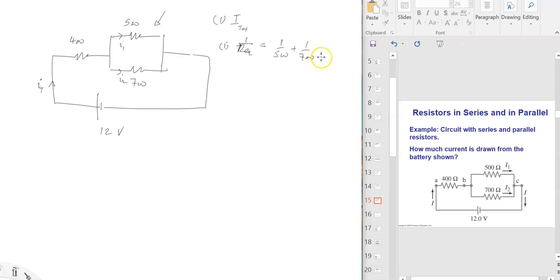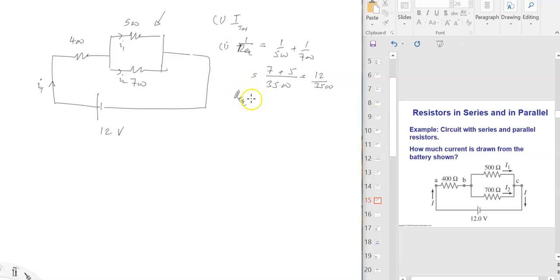So what's the common denominator for these two? Looks like 3500, right? 7 plus 5, so 12 over 3500.